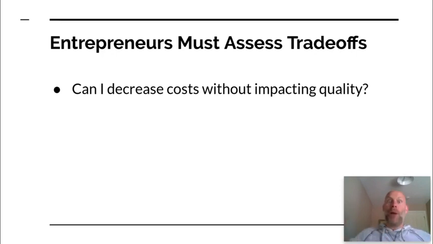I buy like 3 boxes at a time instead. So I'm not impacting the quality of my product when I do that. I'm just reducing my cost. You can go to your supplier and say, listen, how much will it cost me if I order 100 backpacks instead of 10? And that's a way you can decrease costs without impacting quality.